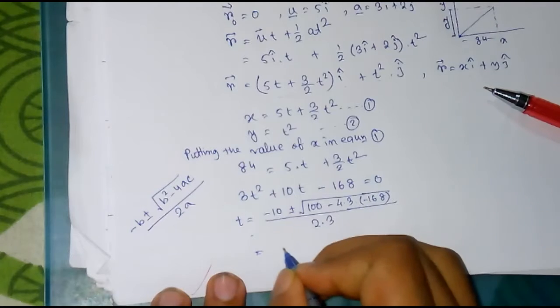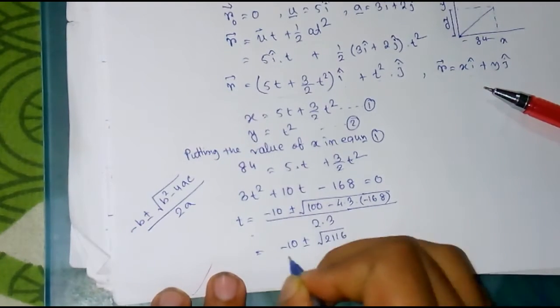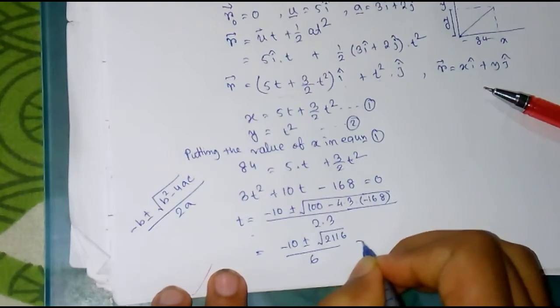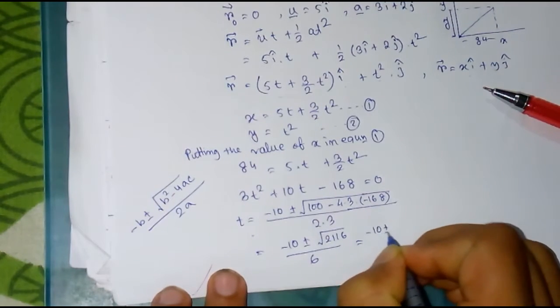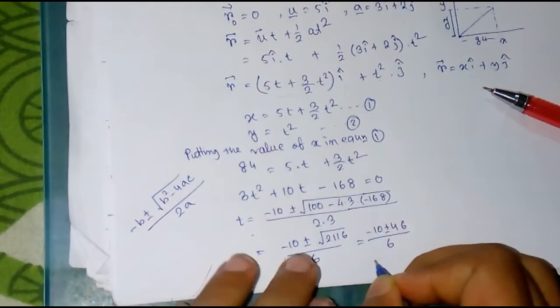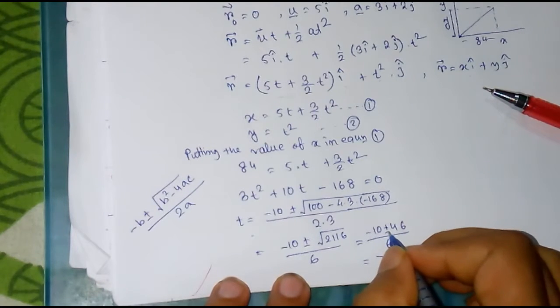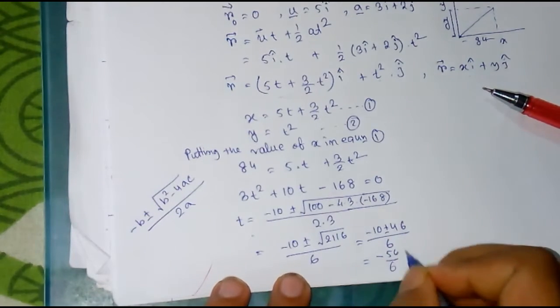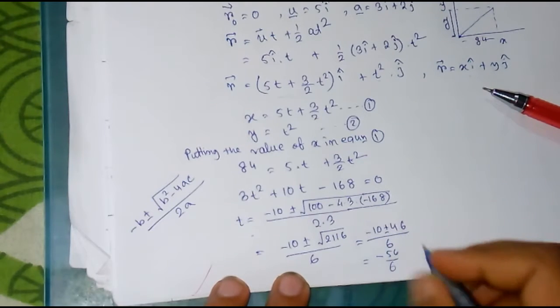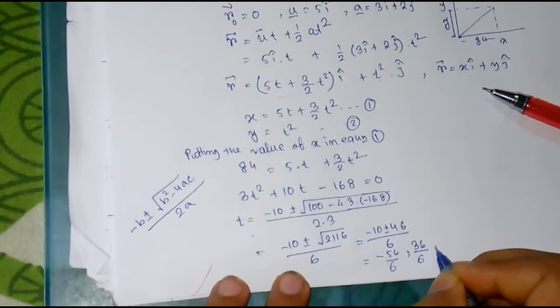It comes to minus 10 plus minus root over 2116 by 6, and root 2116 is 46, so minus 10 plus minus 46 by 6. It gives you two values: minus 56 by 6, and if you take plus 46, you will get 36 by 6, that means 6 only, right?